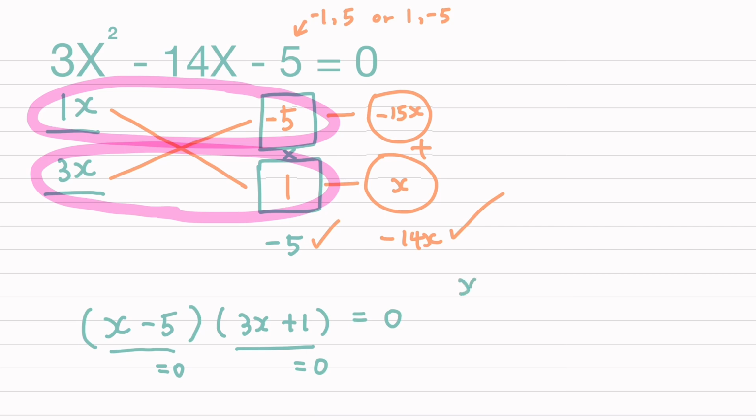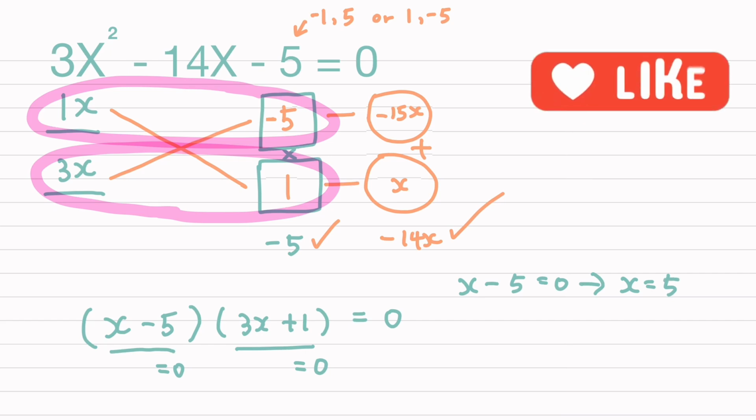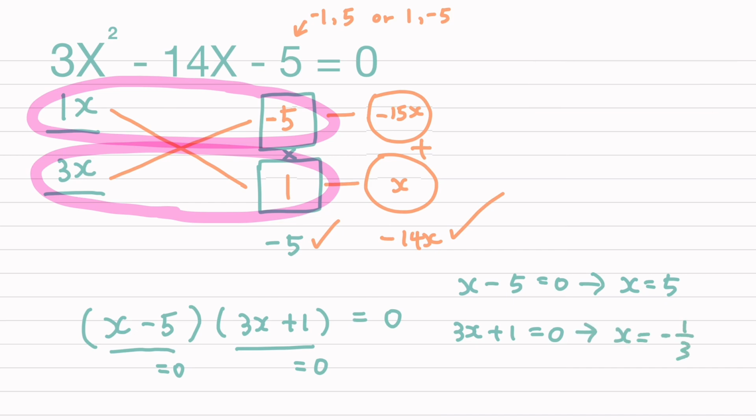Now if x minus 5 is equal to 0, it means my x is equal to 5. And if 3x plus 1 is equal to 0, then my x is equal to -1/3. And there you go. Those are the answers for this problem. x is equal to -1/3 and +5.